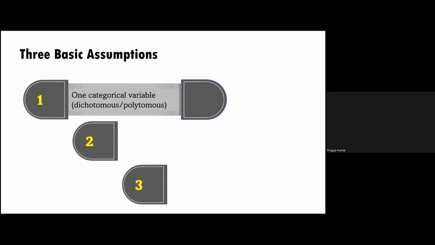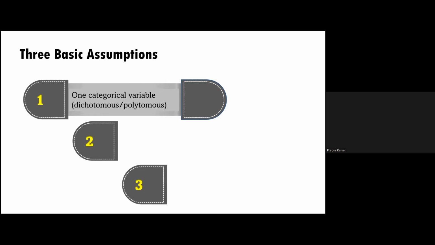The first assumption is that there should be one categorical variable, and that variable can be a dichotomous variable or a polytomous variable. A dichotomous variable is a variable where you have two categories, like gender, male and female. Presence and absence of diabetes, two categories, is a dichotomous variable.